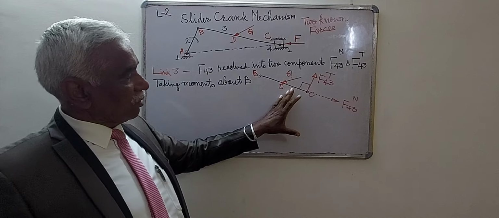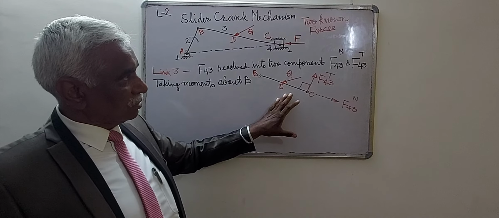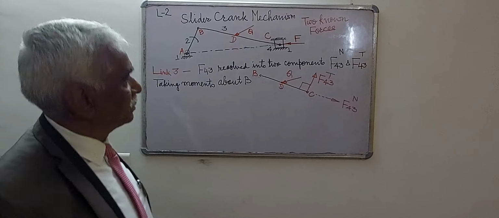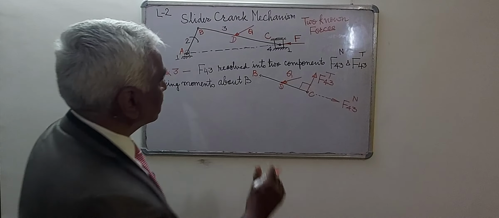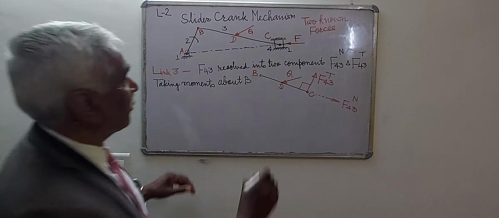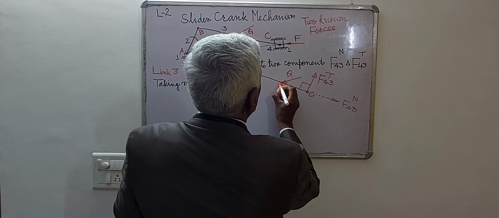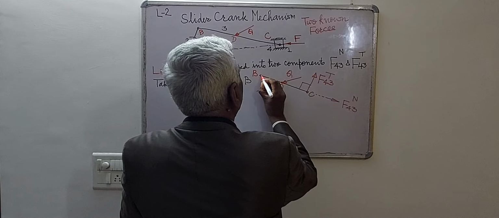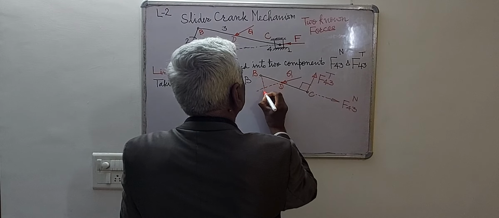By this figure, by the moment equation, we can find the value of F43T. How can we find it? This line is extended along the line of action of this force and a perpendicular is drawn from here. Suppose this point is X.